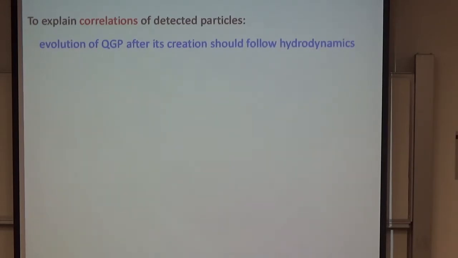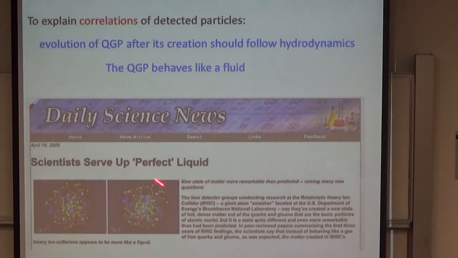So this gives very strong support that the quark plasma produced actually behaves like a fluid. In fact, it behaves like a so-called perfect fluid, because the quark plasma produced has very small viscosity, for example compared with water.